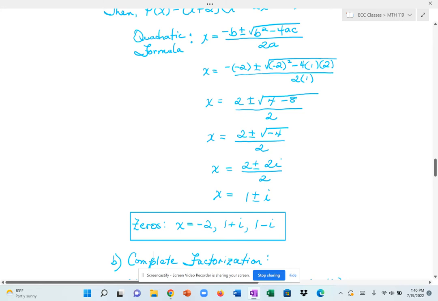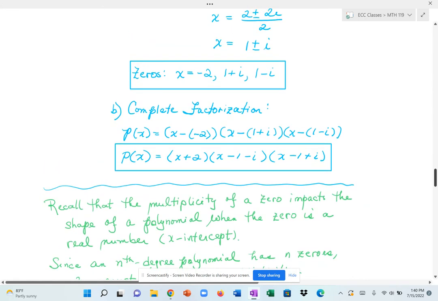So once you figure out what the zeros are, then you can state what the complete factorization is. So you want to write each of these zeros in terms of its corresponding factor. So the one associated with negative 2 is the factor x plus 2. The one associated with 1 plus i is x minus (1 plus i), but on the next line I distributed that minus.